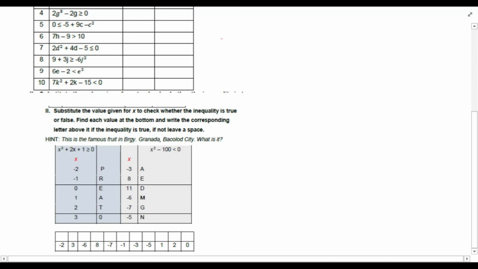For example, for x squared plus 2x plus 1 is greater than or equal to 0, if you substitute negative 2 and the answer is true, meaning the resulting value is greater than or equal to 0, you write the letter here. And if it's not, for example, if it is negative 1, meaning it is less than 0, you just leave it blank.